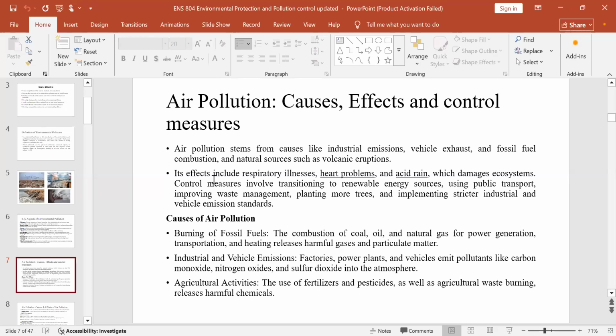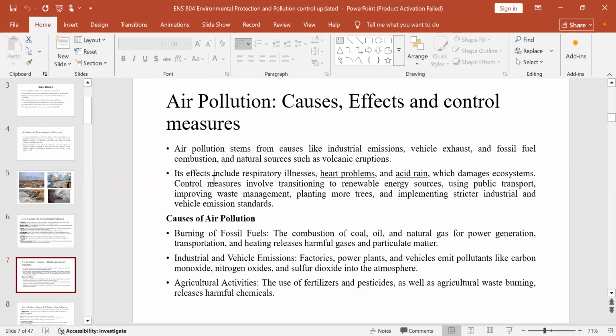So we are talking about gaseous effluents that arise from industrial activities, from transportation, from operation of automobiles, like vehicles, even aircraft, and then generally fossil fuel combustion from engines, machines.